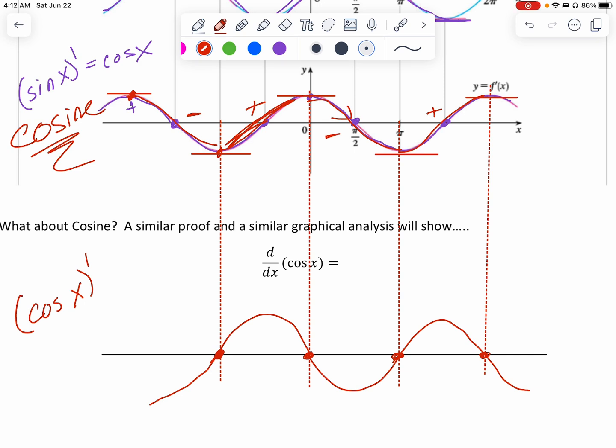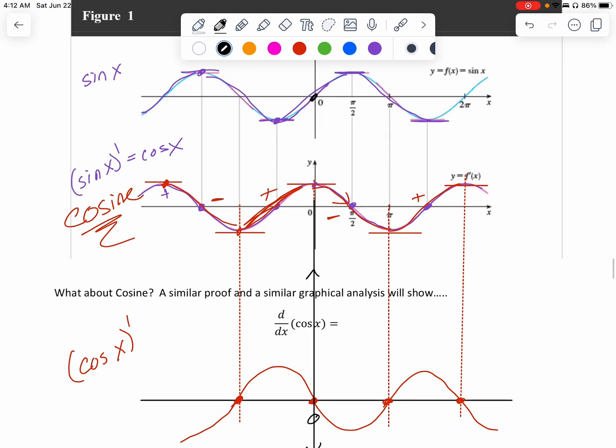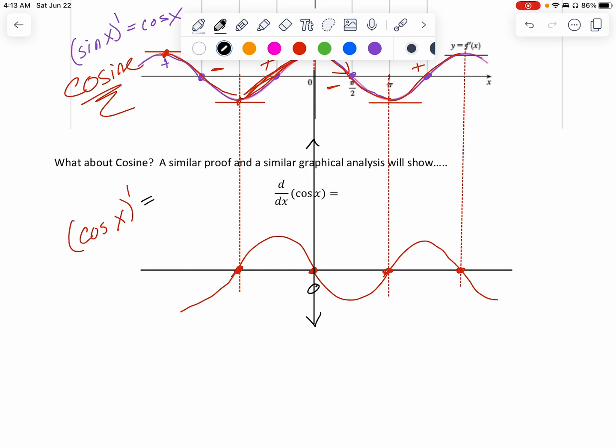Now my x equals 0 line is right here. So does that look like the sine function? It looks awfully close, but a little bit different, right? Our sine function starts at 0 and goes up. And this is the flip of that. So the derivative of cosine is actually negative sine.